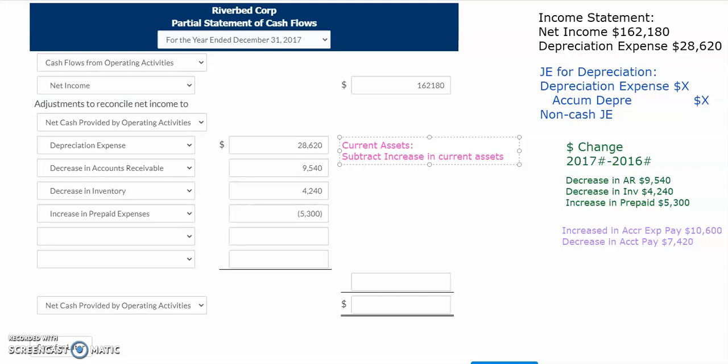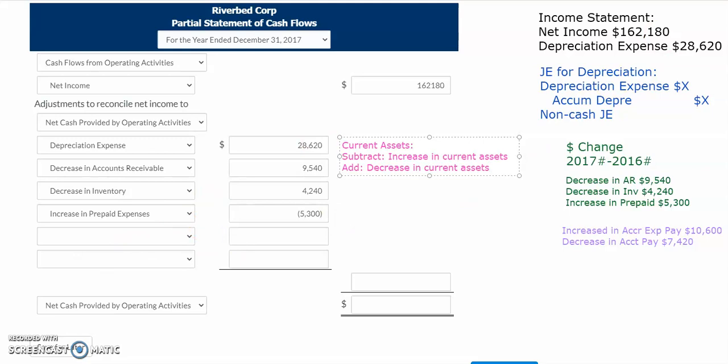Because that means that for accounts receivable, if your AR goes up, that means you haven't collected cash from your customers yet. We just had an example with prepaid expenses. If that goes up, that means that you paid more cash in advance. And with our inventory, if that increases, that means that you have not sold your inventory yet, or you purchased more inventory. So that means that you spent more cash. So the opposite will hold true when you have a decrease in your current assets.